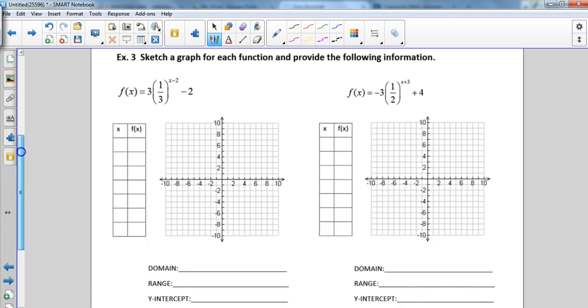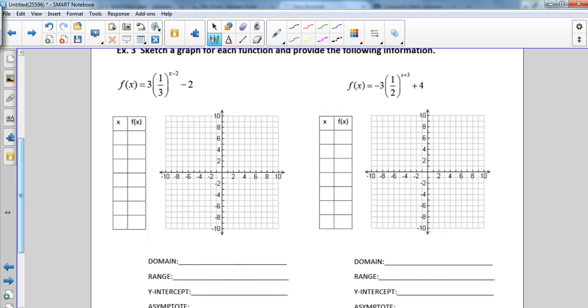Okay, now we got everything going on. We got A, H, and K. So I'm going to put some numbers in here. Now the reason I'm starting at 0 here is because I typed this into the calculator and I looked at it, and if I started at like -3, the numbers are just huge and off the chart. So I'm going to start at 0.